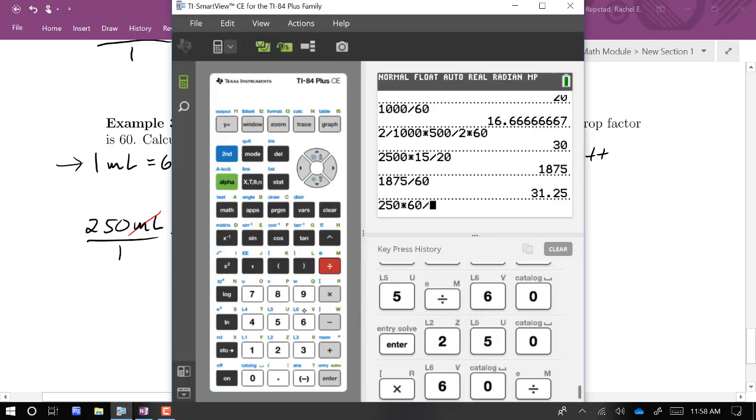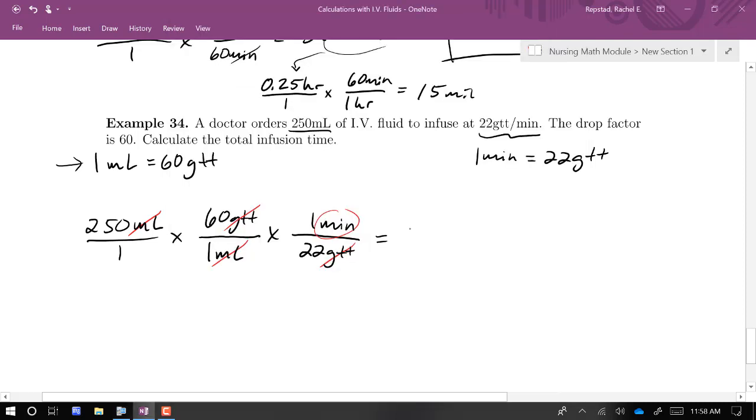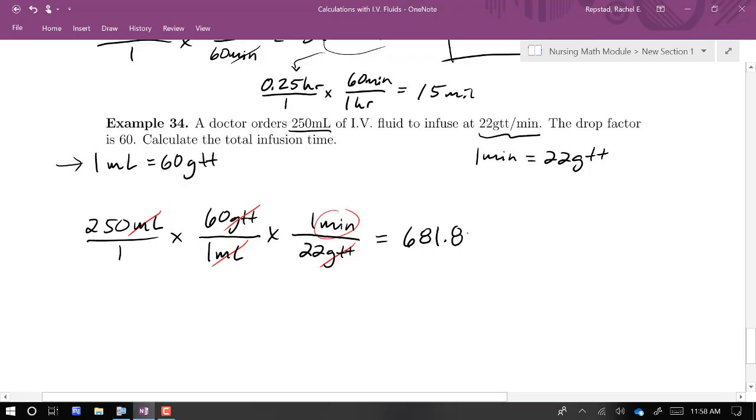Divided by 22. 681.81, I guess I should call that 682. I'm rounding to the nearest minute. So let's see how many hours we have.